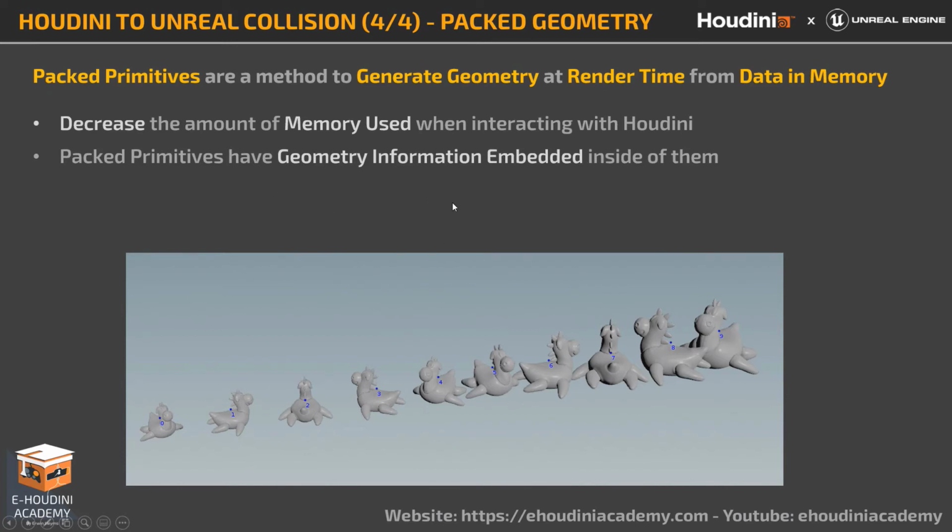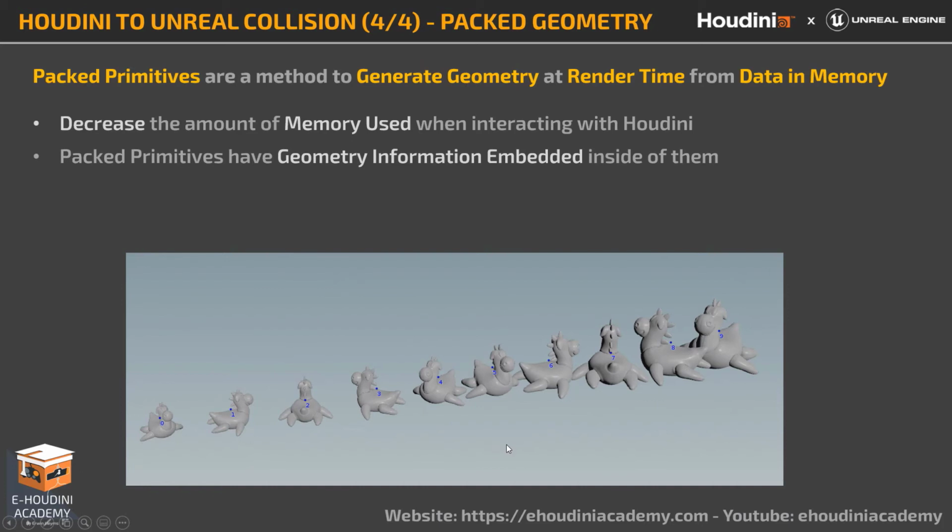Now, when I say that these things act like packages, it basically means that they contain geometry information inside of them. All the points and the primitives are actually still part of the original piece of geometry that's stored in memory. And that information is still there. If we unpack these packed primitives, then Houdini will simply convert all of them back to their original geometry with all the attributes and the groups and all the geometry information intact.